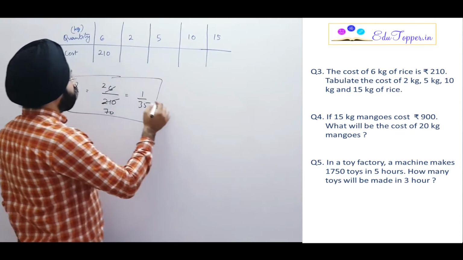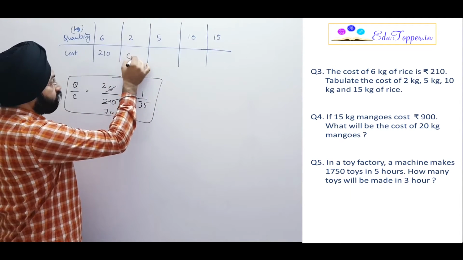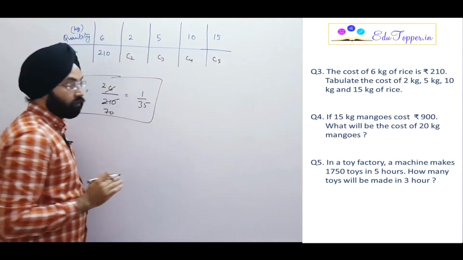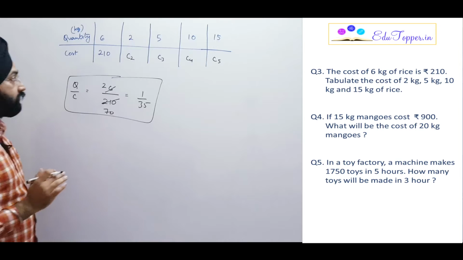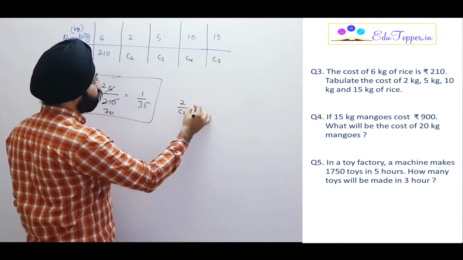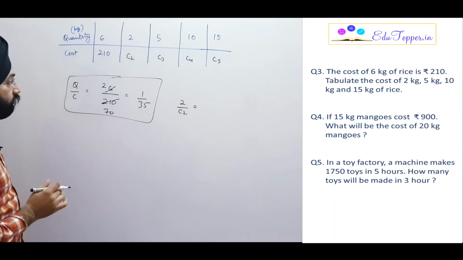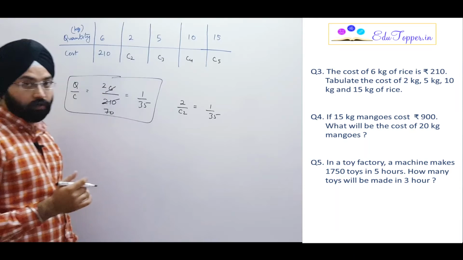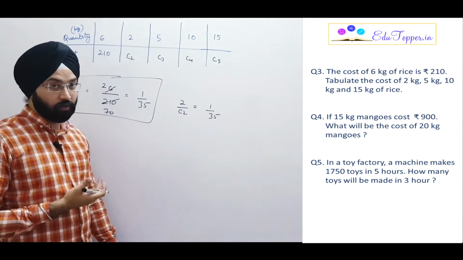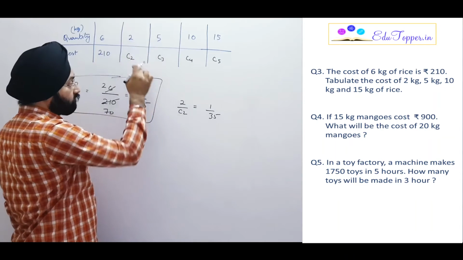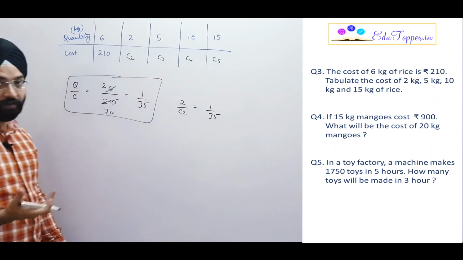Now, let's name it C2, C3, C4 and C5. Alright. Now, 2 by C2 should be equal to 1 by 35, right? According to the rule that we just saw in the previous questions, quantity by cost should be a constant 1 by 35.